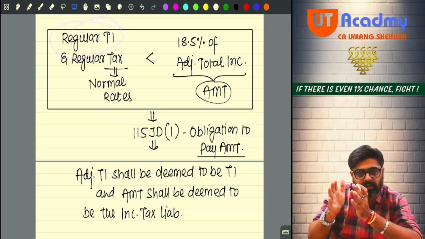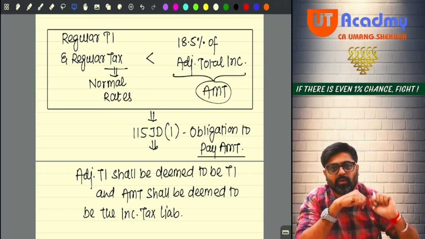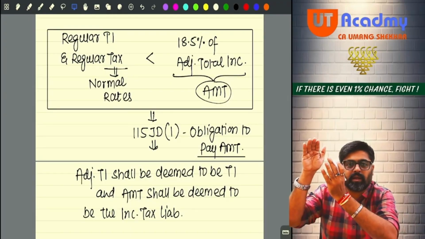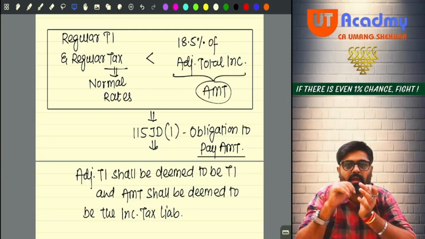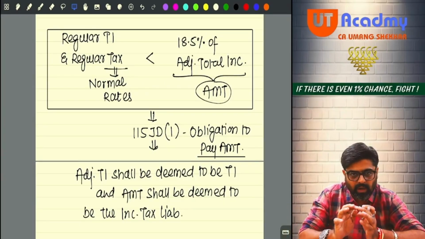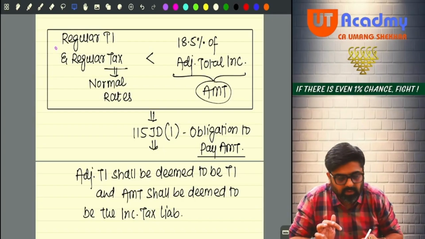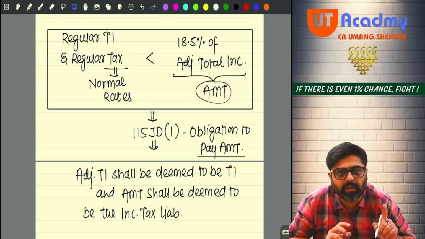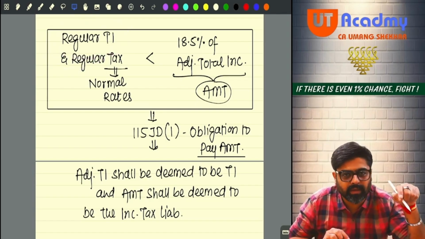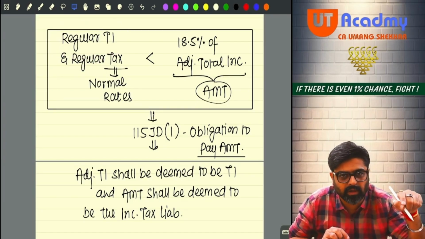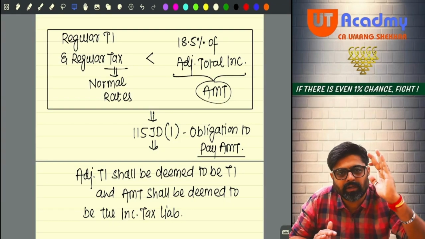So after taking 10AA, you have calculated total income. After claiming 35AD, you have calculated your total income. After claiming 80IA to 80RRB, you have calculated this total income. Do one thing, those deductions which you have claimed to calculate this total income, add all three deductions.